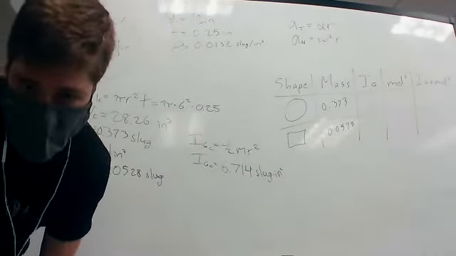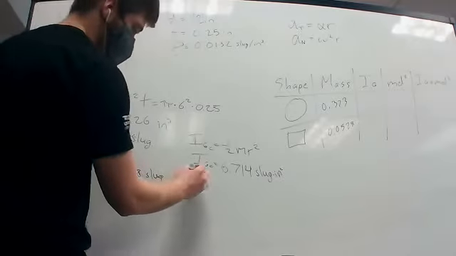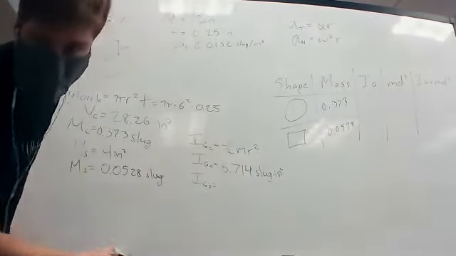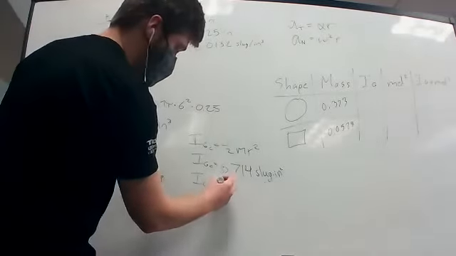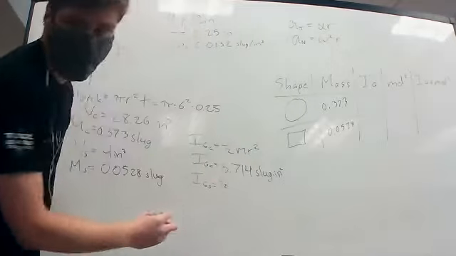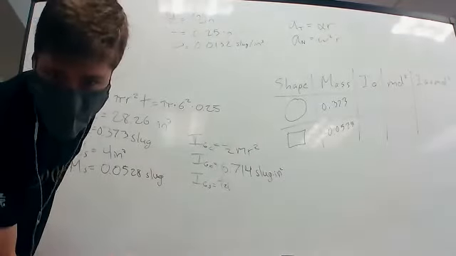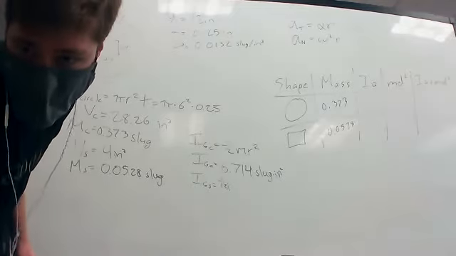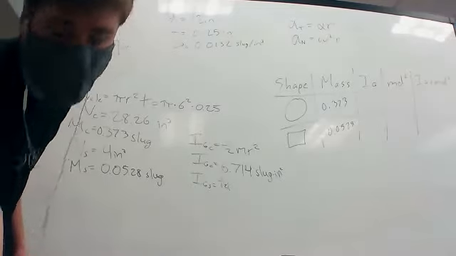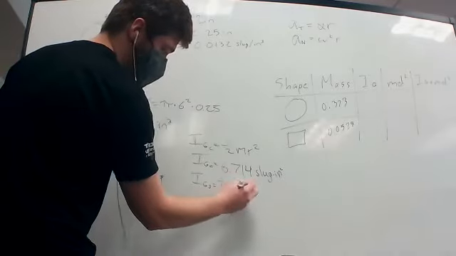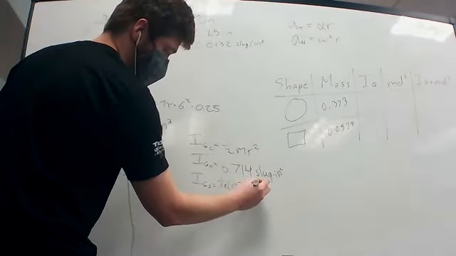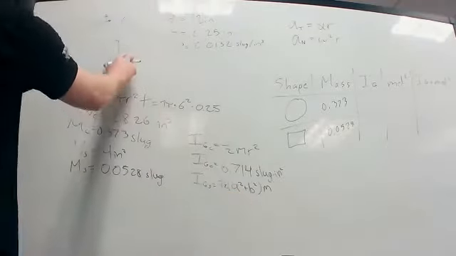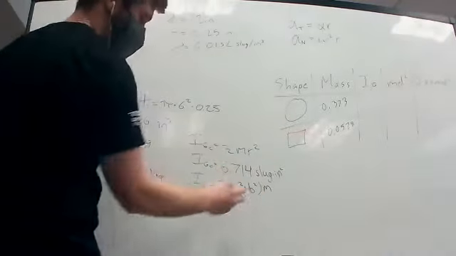And IG for the plate or the square is equal to 1/12 times a squared plus b squared times m. So plugging in, a and b are just the dimensions. Mass is what we found before.